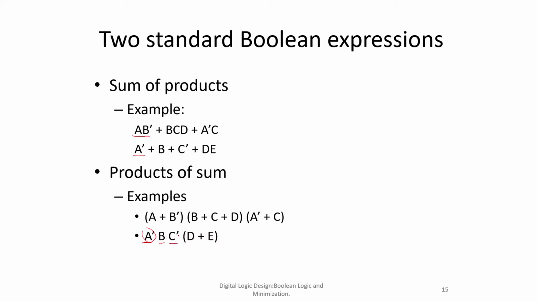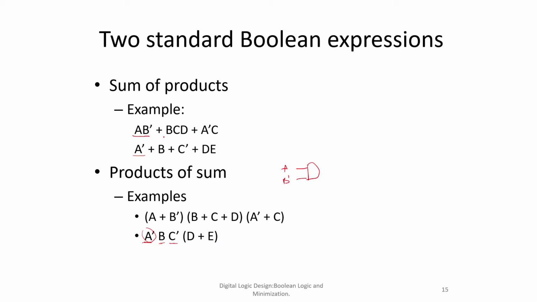Now, what is the significance of these two standard Boolean expressions? If we have these Boolean expressions, we can implement them in the form of AND and OR gates, and there is a standard 2-level logic which we can implement. For example, if I want to implement this, I can have an AND gate which will take A and B dash.